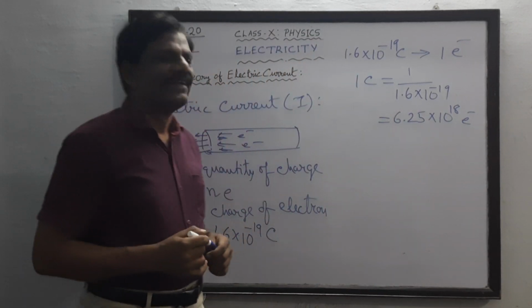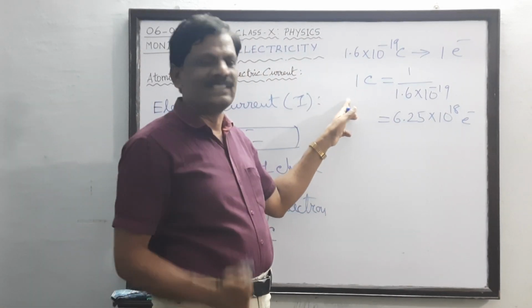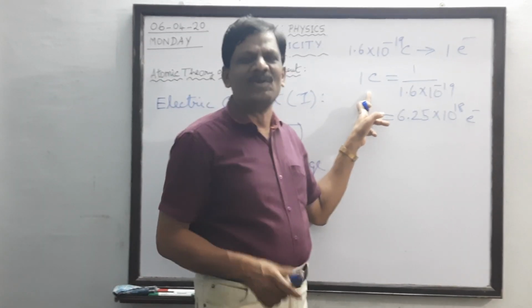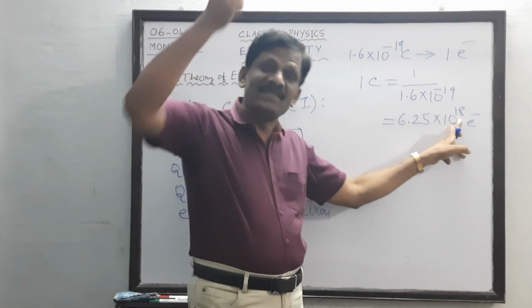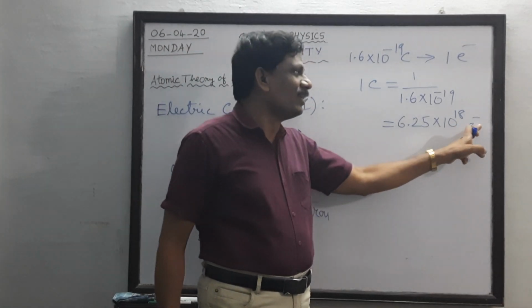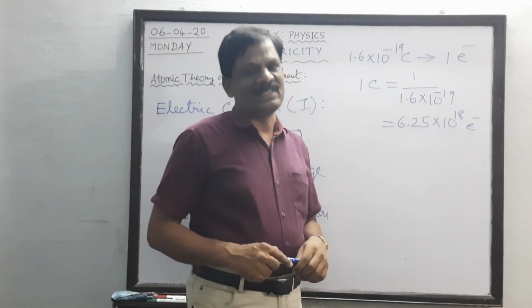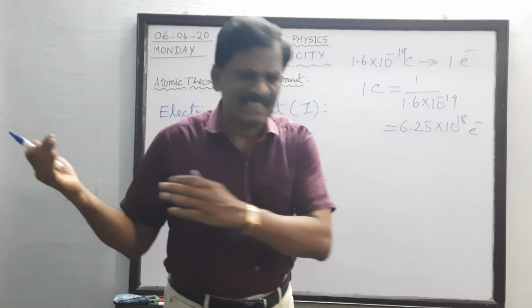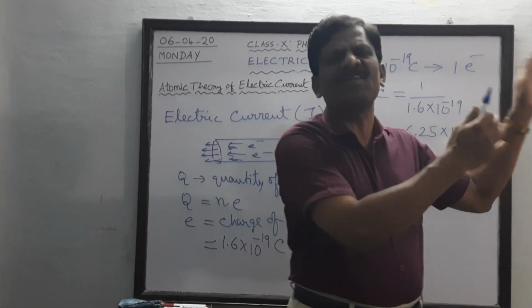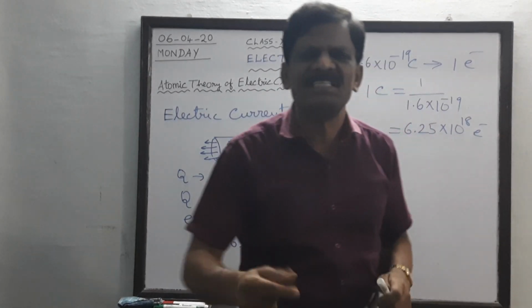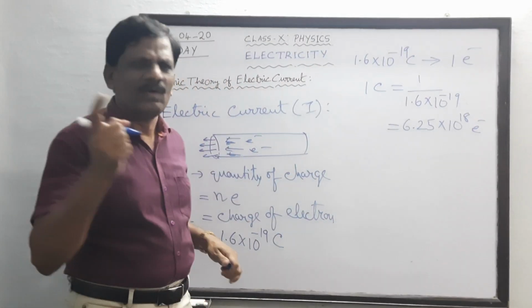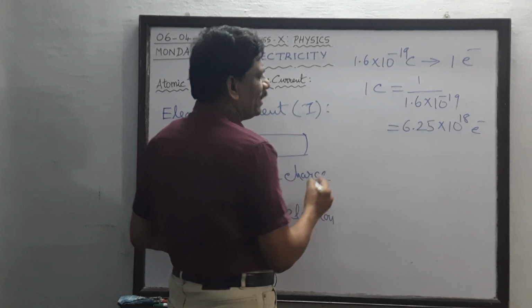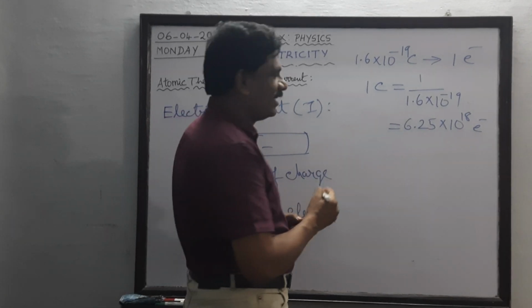You see, in only 1 coulomb of charge, how many electrons are present? 6.25 into 10 raised to the power of 18 electrons are present. So these many electrons will be passing across the cross section of the conductor each and every second. With high speed they are moving. So this only is called as what? The rate of flow of charges.